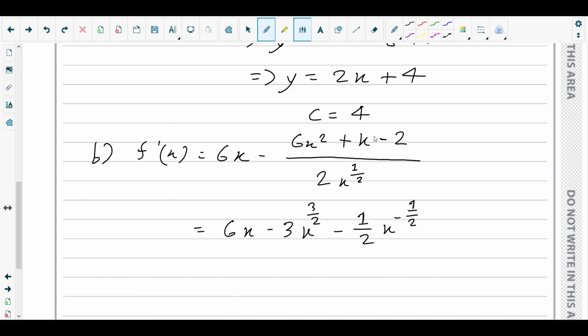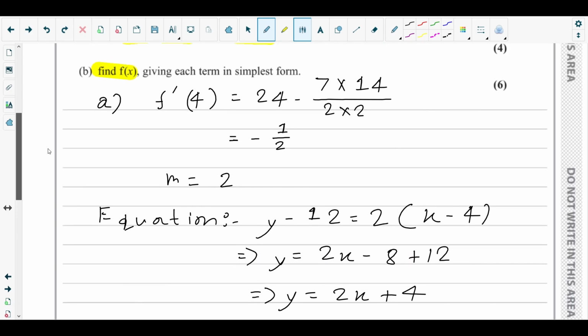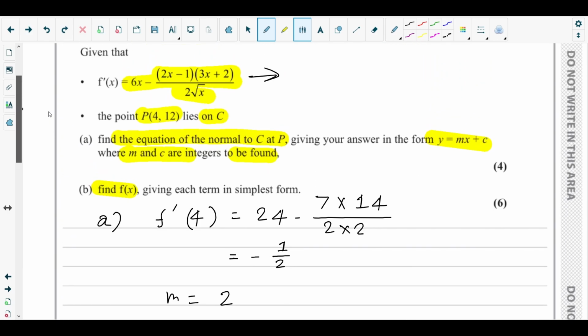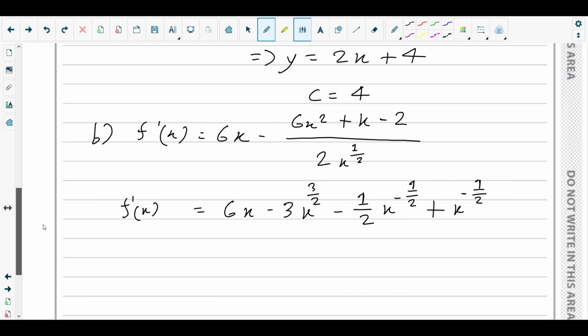And then again minus minus would give you plus 2 over 2, that is 1, so plus x to the power negative half. Fine. So we got the simplified equation for f dash x. It is 6x minus 3x to the power 3 over 2 minus half of x to the power negative half plus x to the power negative half.